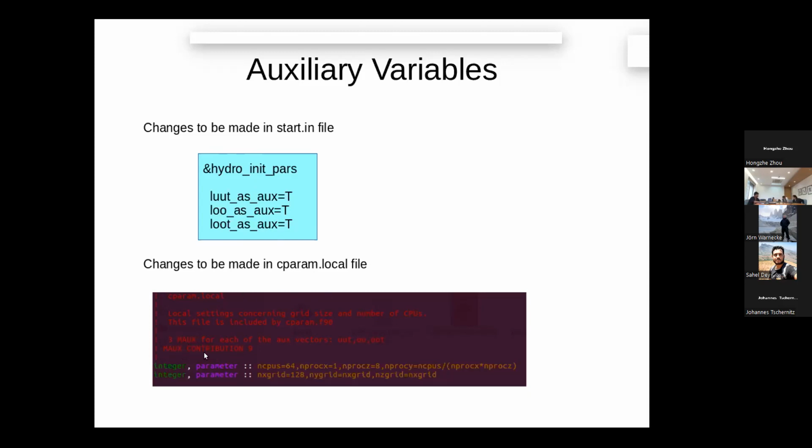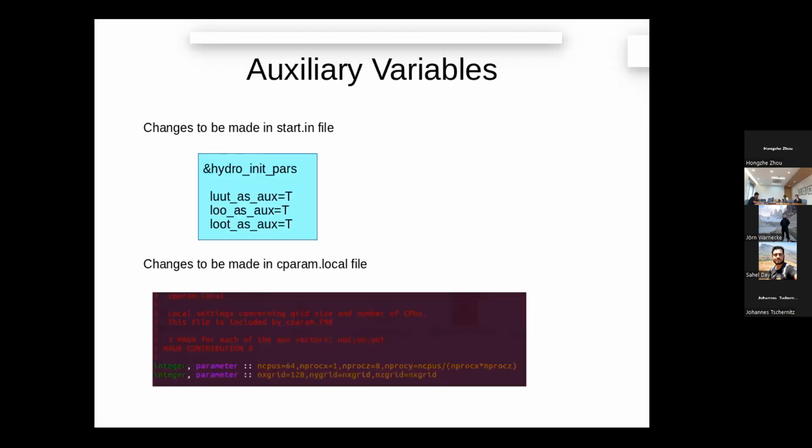MAUX_CONTRIBUTION 9. There is this Perl script in the pencil code, which is a text manipulator or editor, a language processor. It will go and read all those files. It will read all the executable files. It will read all the input files, and it is written in such a fashion that it picks up this number and then inputs it in the program and then allots the F array.